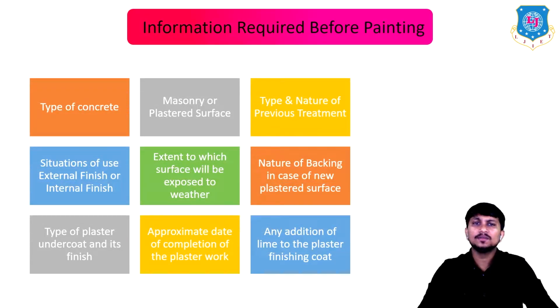Now let's see what information is required before painting. Before selecting the type of paint, you require some information like the type of concrete, masonry or plaster surface on which painting should be done, the type and nature of previous treatment if done any, then situations of use like external finish or internal finish, the extent to which the surface will be exposed to weather, then the nature of backing in case of a new plaster surface, type of plaster undercoat and its finish, the approximate date of completion of the plaster work, and whether any addition of lime to the plaster finishing coat is done or not.